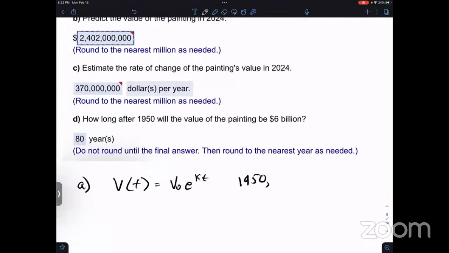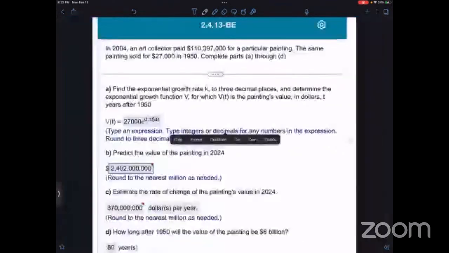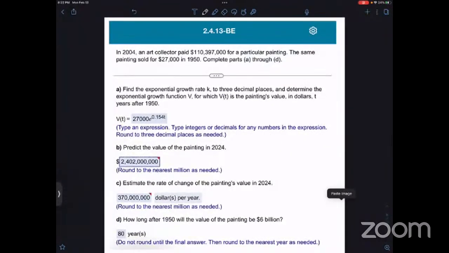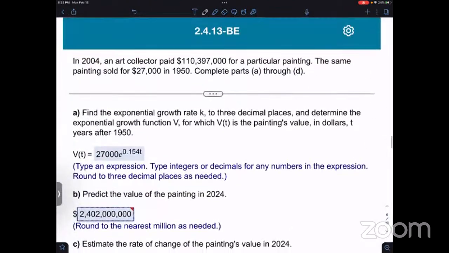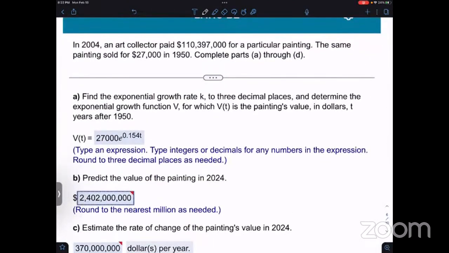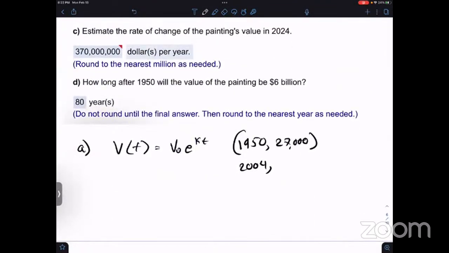And then we also have 2004. In 2004, 110,397,000.